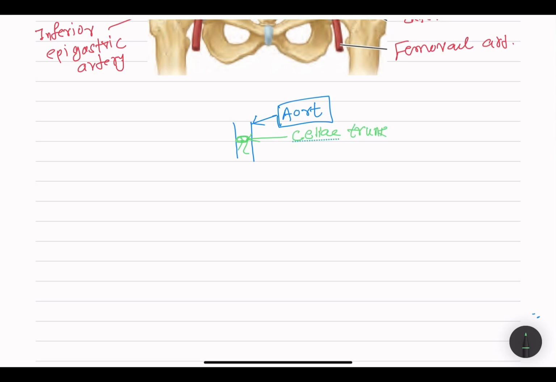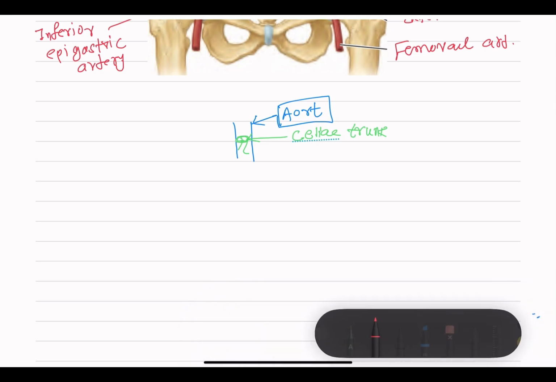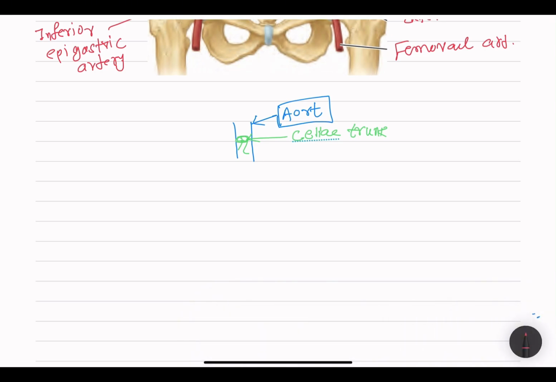So here are the main branches coming for our pancreas. I'll show you later in the picture. This is just a rough sketch so it will be very easy to understand. So this artery will be our splenic artery, which is also coming from the celiac trunk.